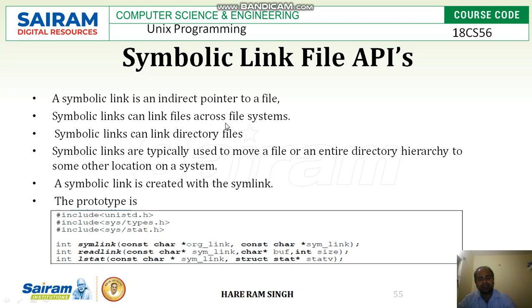Symbolic links can link files across file systems. Means using the symbolic link, we can link from one directory to another directory. Symbolic links can also link directory files. Symbolic links are typically used to move a file or an entire directory hierarchy to some other location on a system.